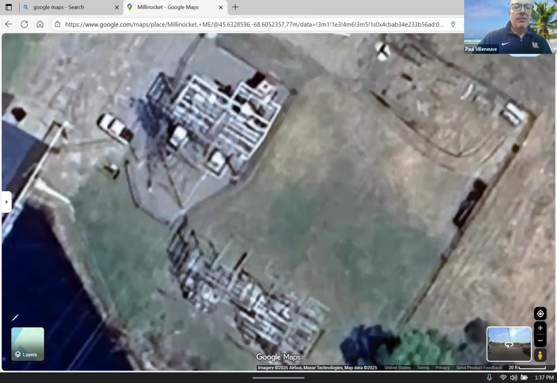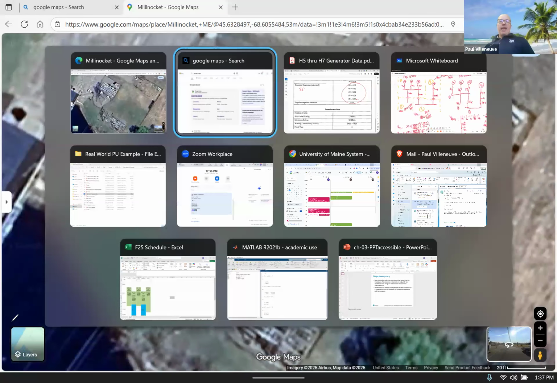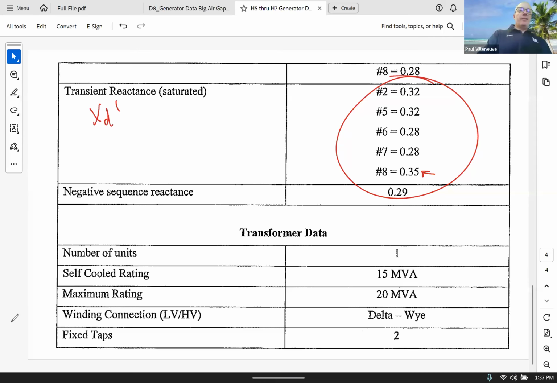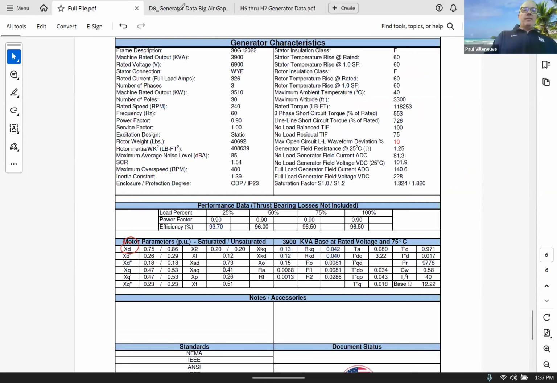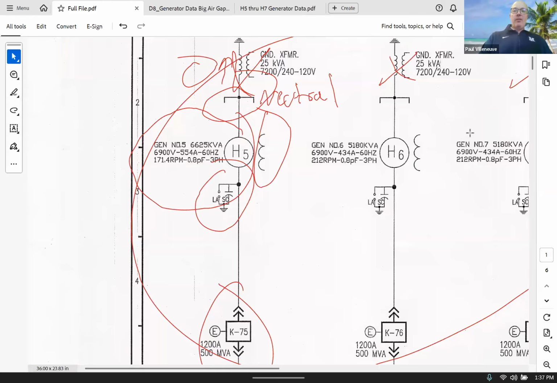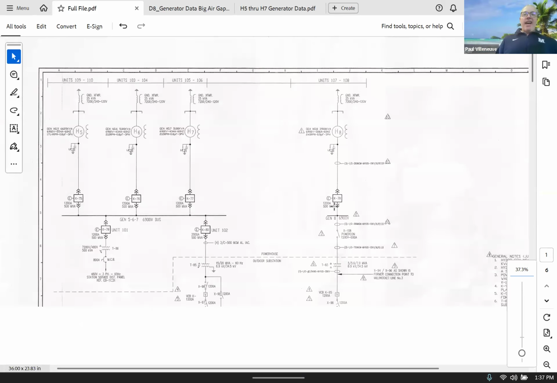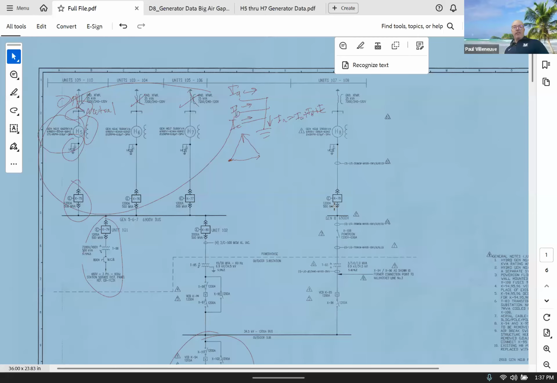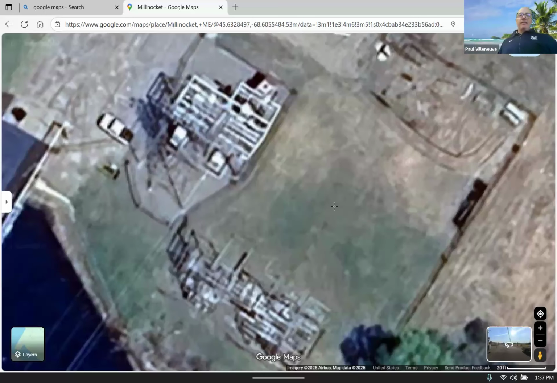You see the substation right here? That is basically the substation. So if you were able to walk there, what you see here is physically represented right there. It looks a lot different on paper.